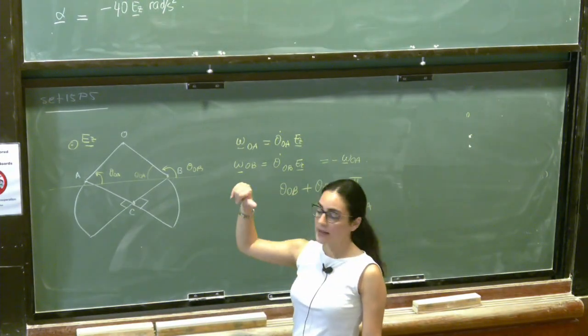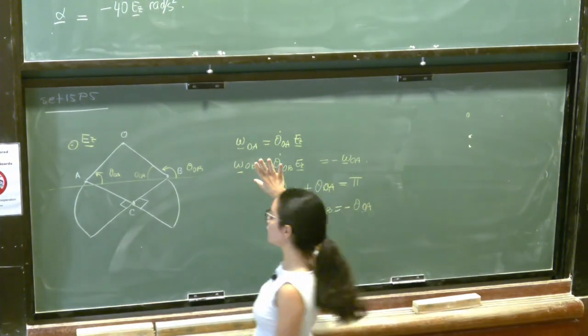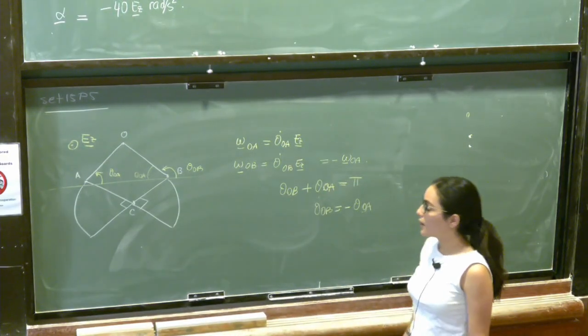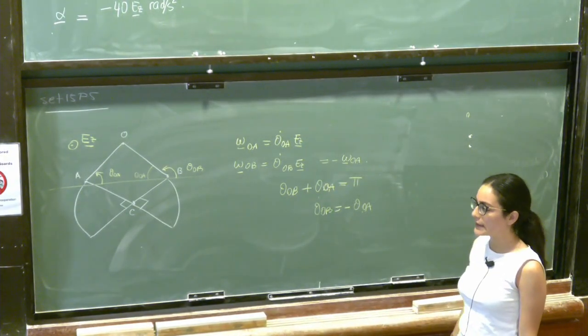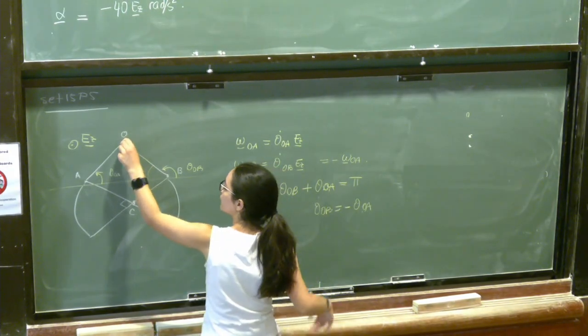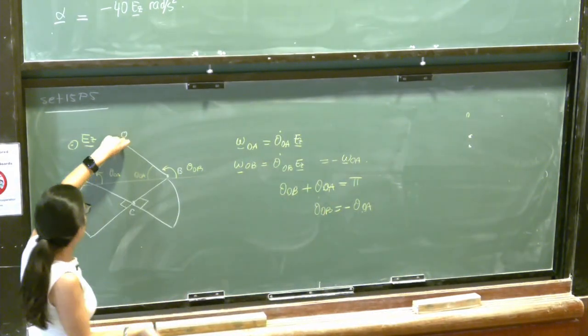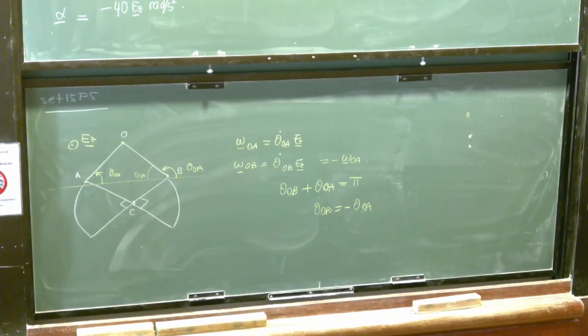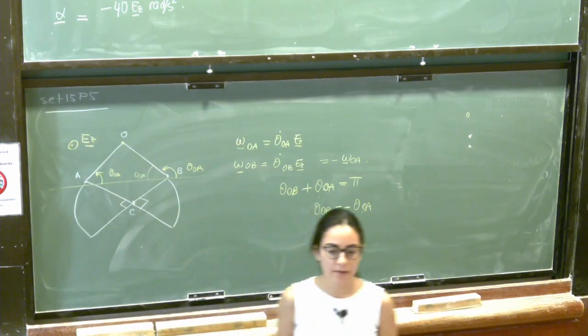And a rotation like this would be positive EZ, and a rotation like this will be negative EZ. Okay? Yes. So you can think of this as a fixed point. This part is rotating about this axis. Does this answer your question? Cool.